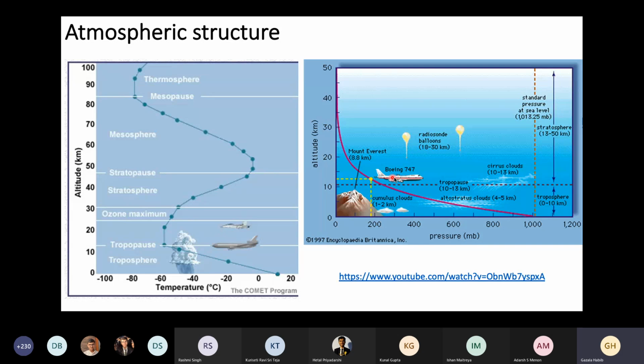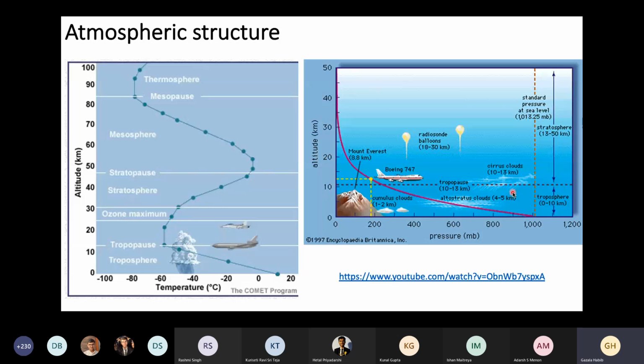So that is why we don't get any pollution down towards the Earth. Radiosonde reaches 18 to 30 kilometers, and this is how we use the physics, or you can say the dynamics of the atmosphere, for our benefit.